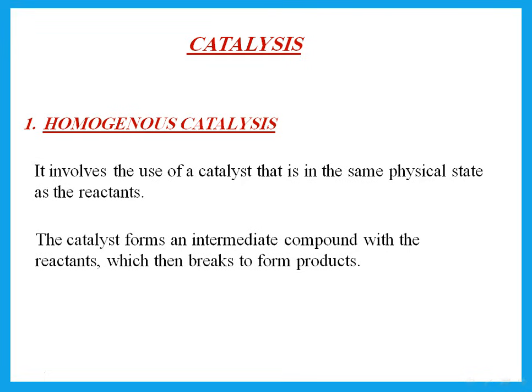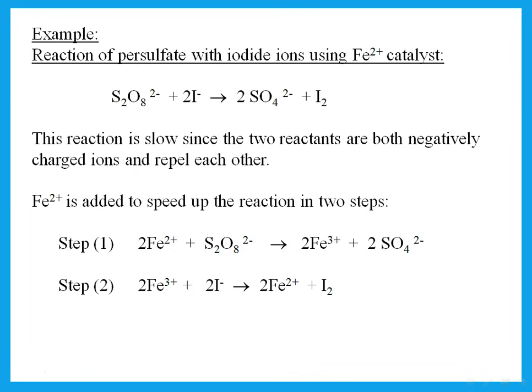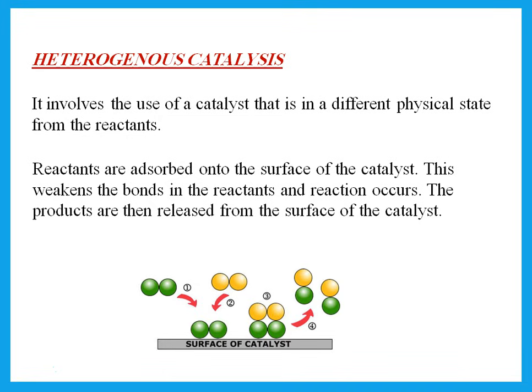The catalyst in this case forms an intermediate compound with the reactants, which then breaks to form products. For example, in the reaction of persulfate with iodide ions, we use an iron 2 plus catalyst. So the iron 2 plus reacts first to form an intermediate, and then this breaks up to react with the other reactant. So this is all solutions, and this is called a homogeneous catalyst.